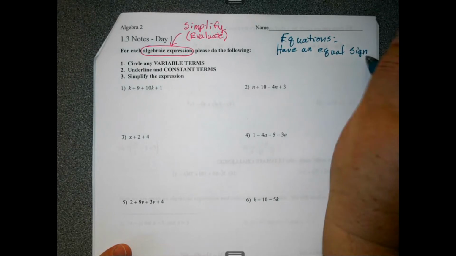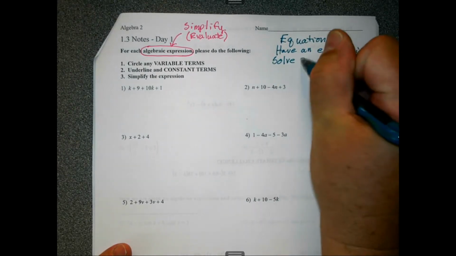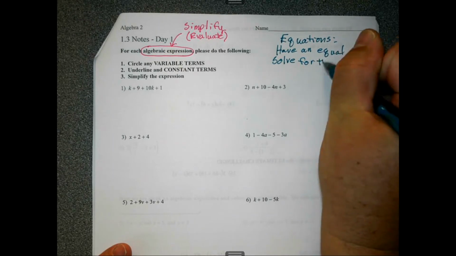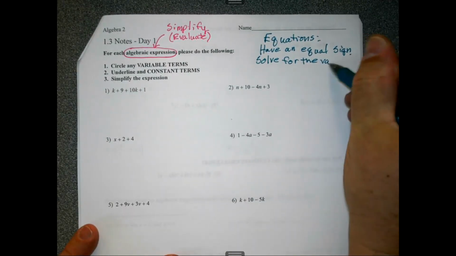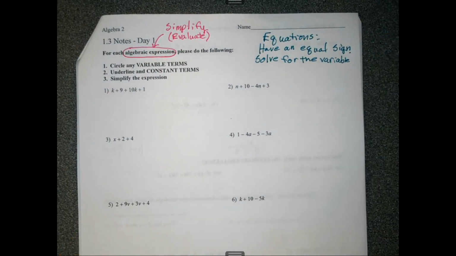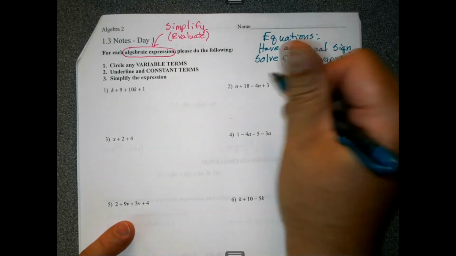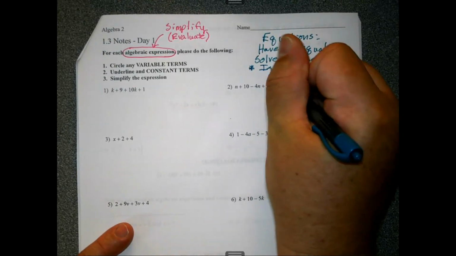So you're going to solve for the variable, or what we mathematicians like to call it, isolating the variable, right? Isolate the variable. Did you ever hear that? So that's really what you're doing with an equation. You're isolating the variable.